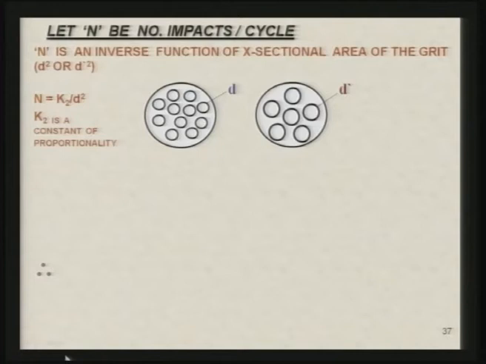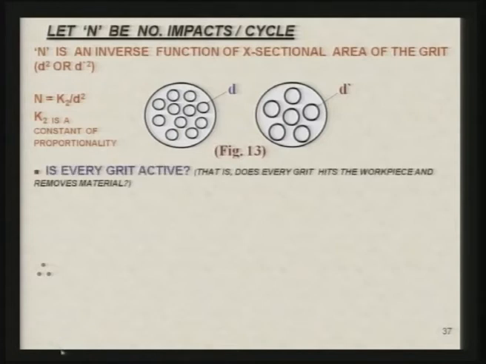Now, as you can see, the larger the size of the particle, the larger the number of abrasive particles covering the same area. So, you can write n is equal to k 2 upon d square, where k 2 is a constant of proportionality.